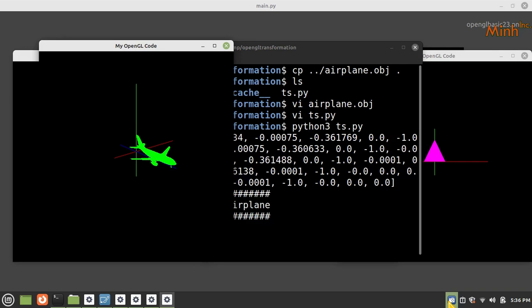Now I can rotate. If I press next, it would go in Z. Z direction is modified.